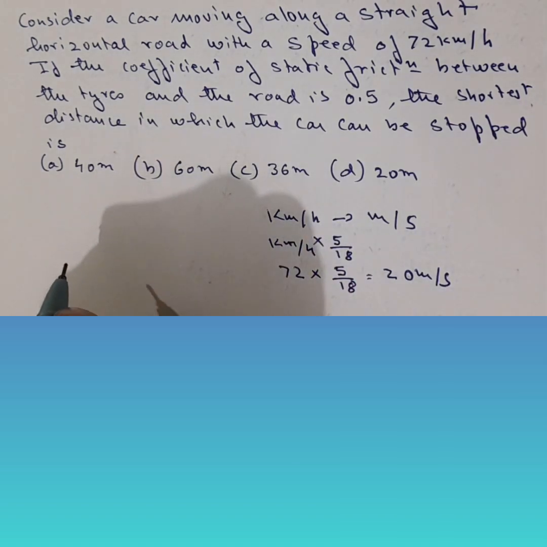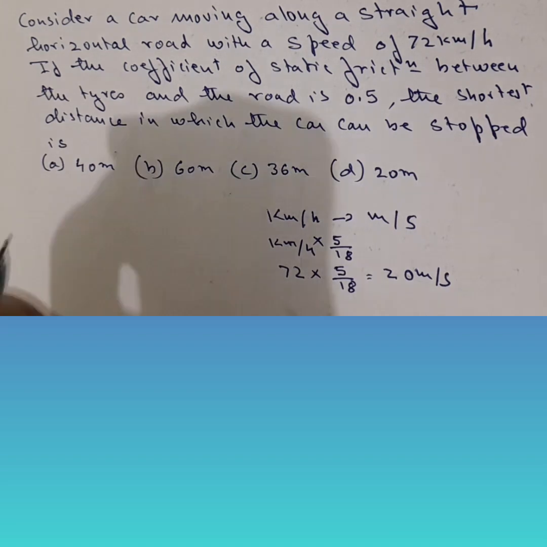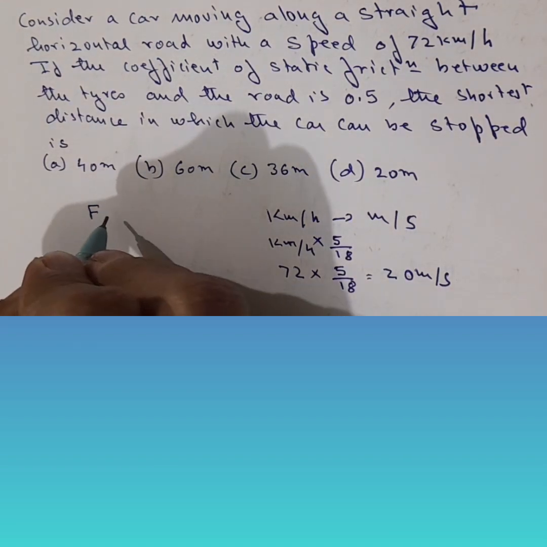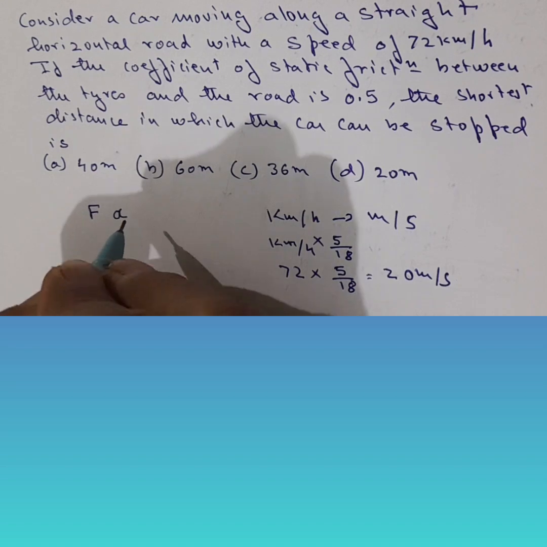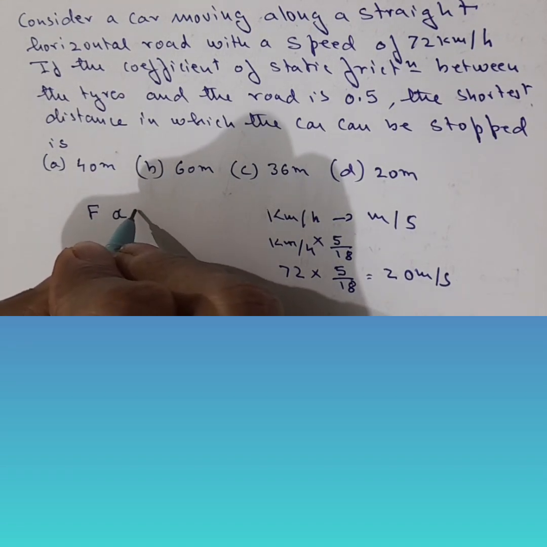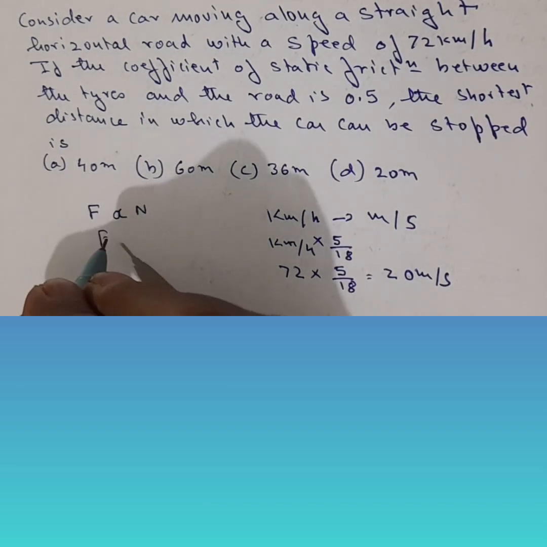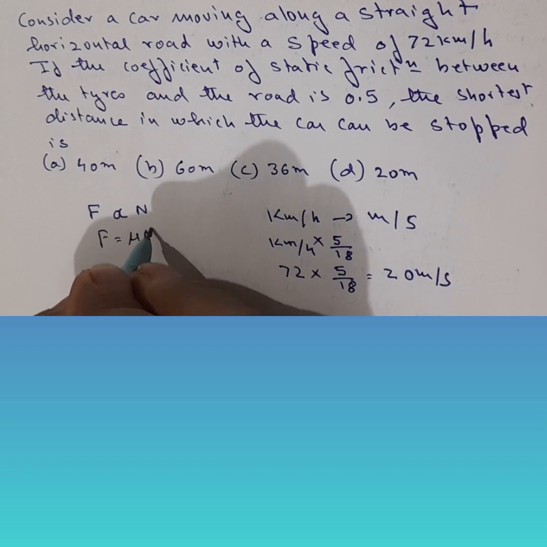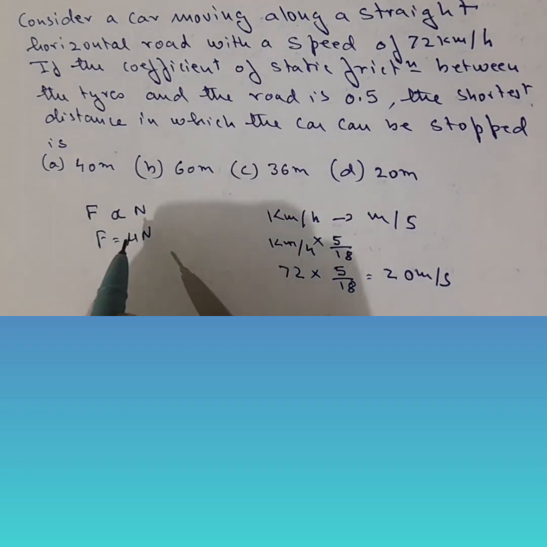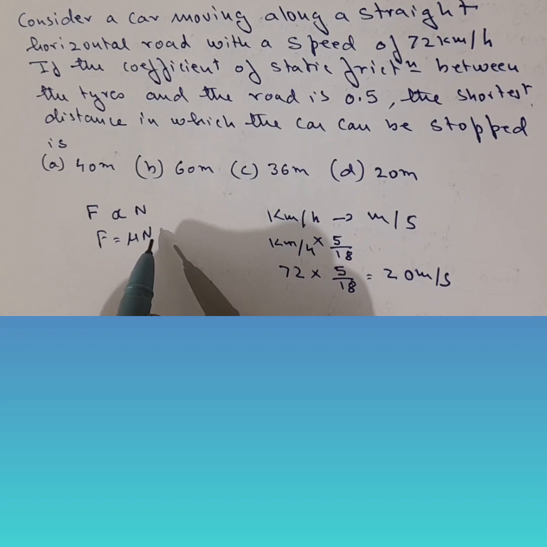Now, the basic theory says that force is directly proportional to normal. In case of friction, it is equal to mu N. Now, we know N is equal to mg when the body is on the floor.